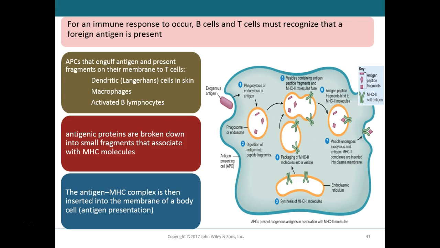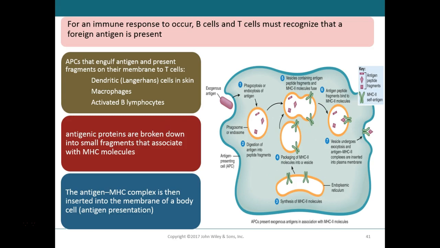The steps of processing and presenting an antigen by an antigen-presenting cell include ingesting or bringing in those antigens by phagocytosis or endocytosis. So here we can see a pathogen with antigens is going to be brought into the cell. Once it's brought in, it's going to be packaged in a little vesicle called a phagosome or an endosome.